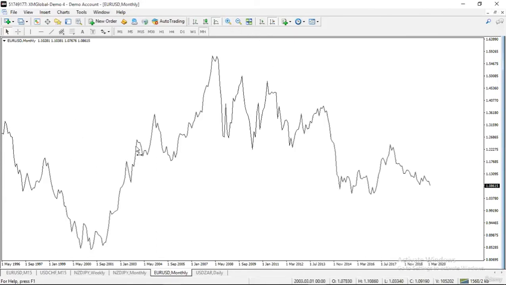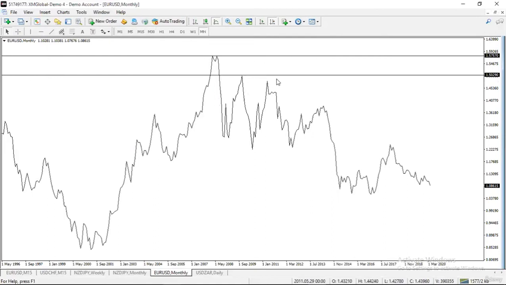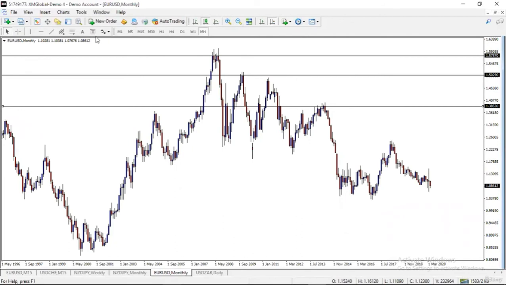Let's say I want to find a zone in a downtrend. It's easier to see if you're using a line chart because you can just put your lines where you have these strong moves. Also use your candlesticks to get that range.